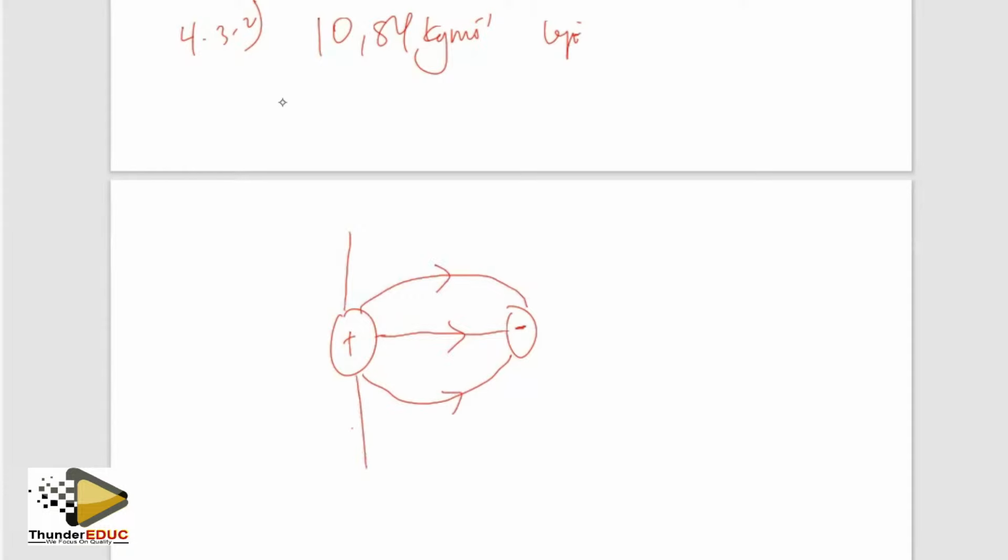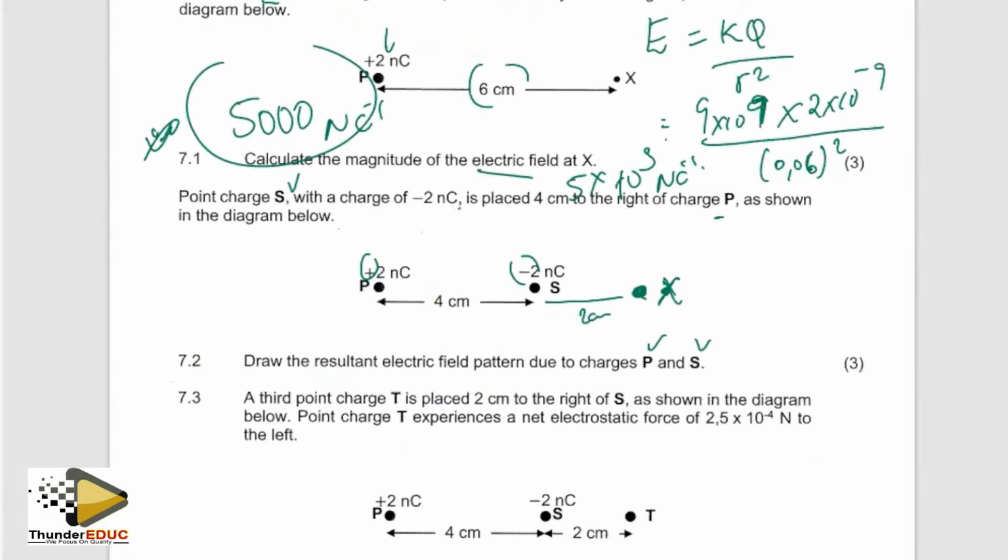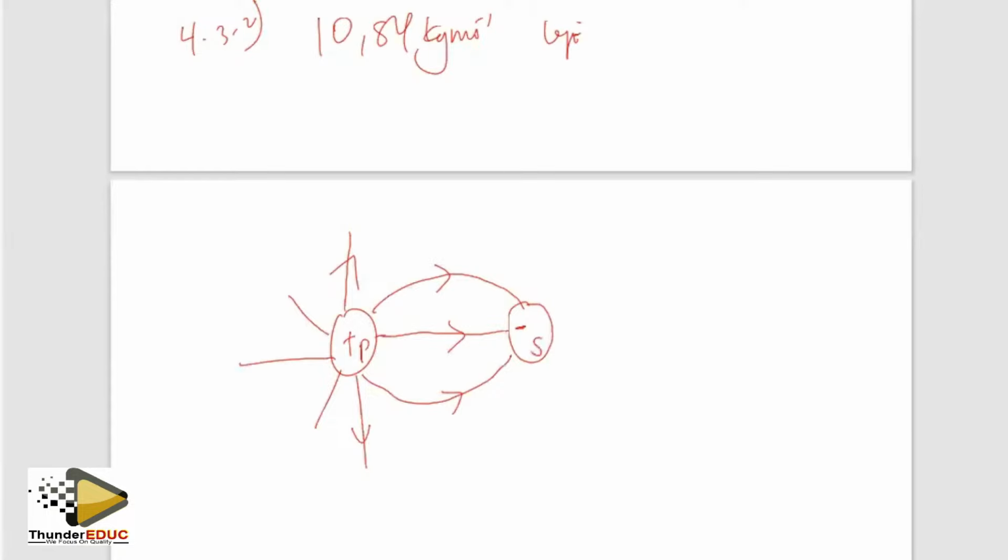One other thing we need to know is that the number of field lines leaving P should be exactly the same as the number of field lines reaching S.